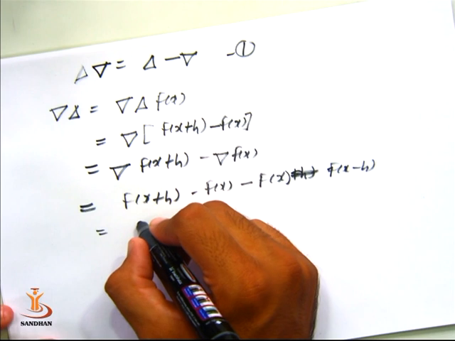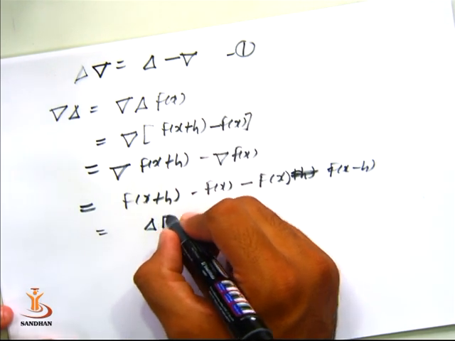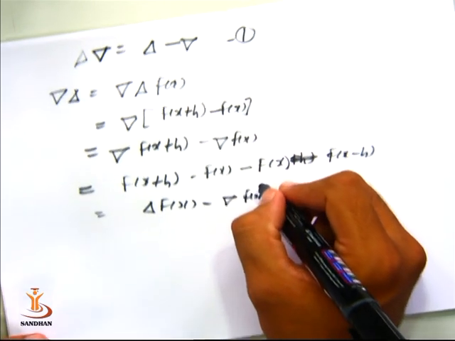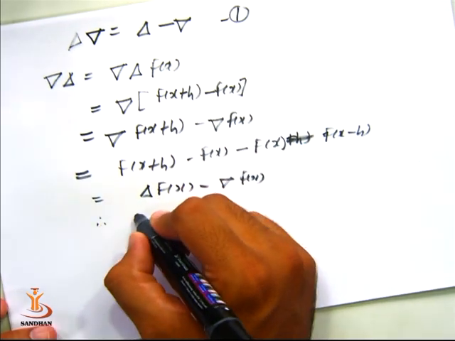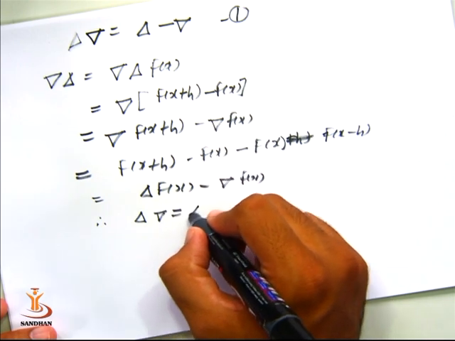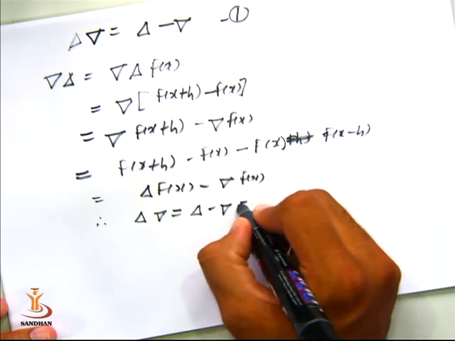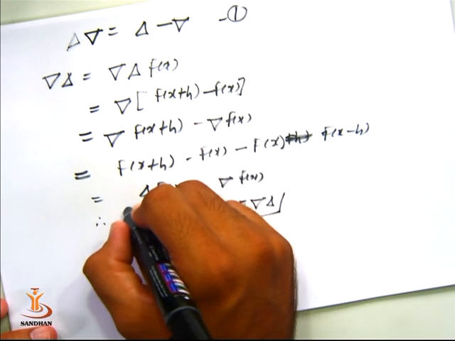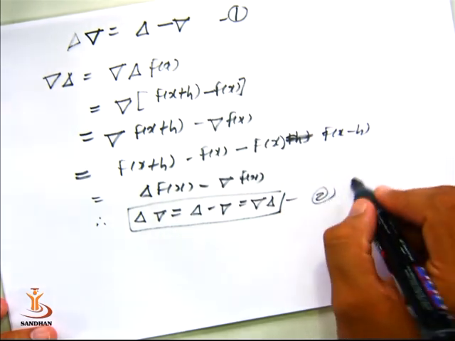So again if you bifurcate this, you will get the result as delta f(x) minus nabla f(x). So result number 2 is also ready in that way: delta into nabla, which is earlier proved as delta minus nabla, is now proved to be nabla dot delta as well. So result number 2 is the second result obtained.